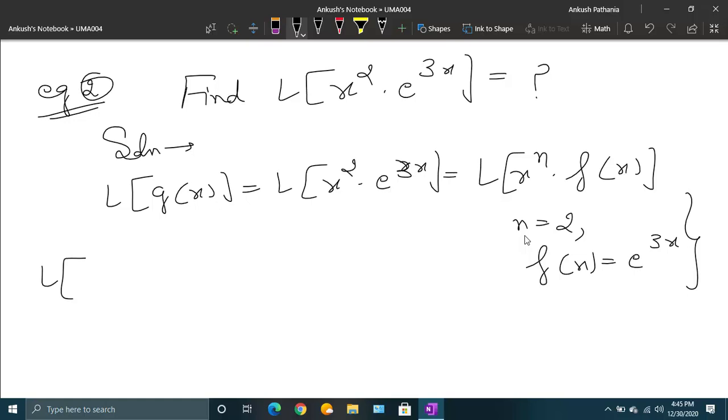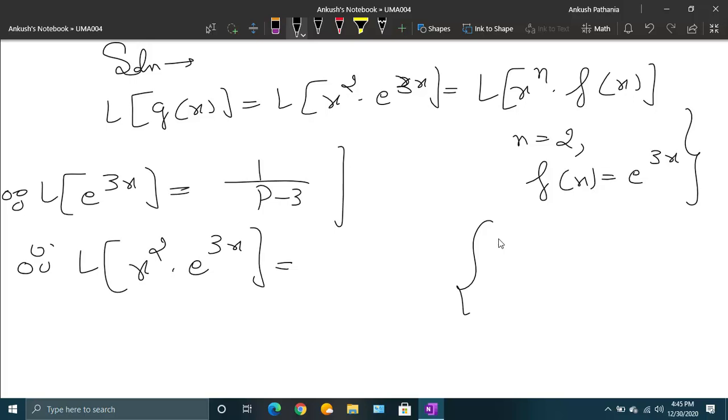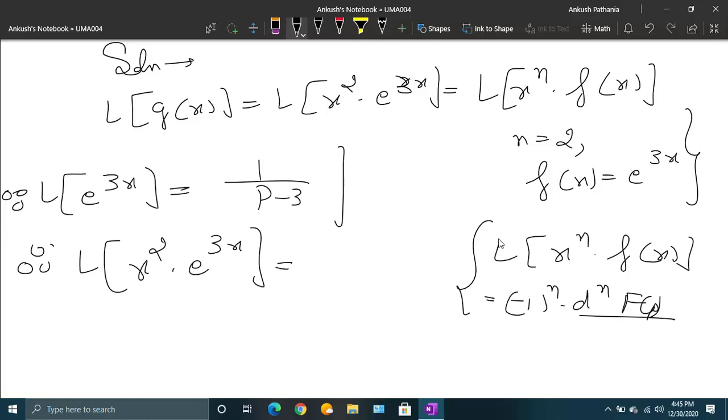So we need to find the Laplace of f(x). Since the Laplace of e^(3x) is 1 upon p minus 3, therefore the Laplace of x square times e^(3x), by this property, is minus 1 raised to power n times the nth derivative of F(p) with respect to p.